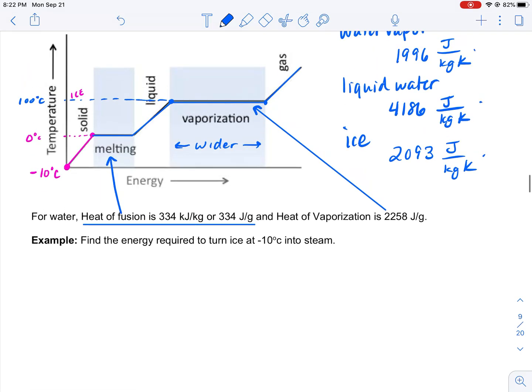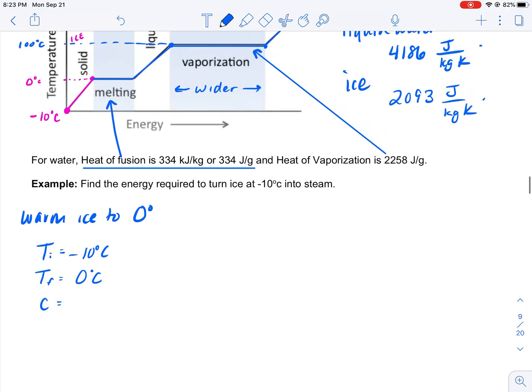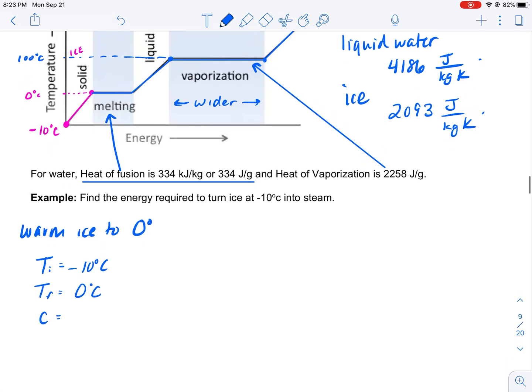Okay, so let's do an example here. Find the energy required to turn ice at negative 10 degrees Celsius into steam. So first, I have to warm the ice to 0 degrees. So my initial temperature would be negative 10, and my final temperature during this portion would be 0.